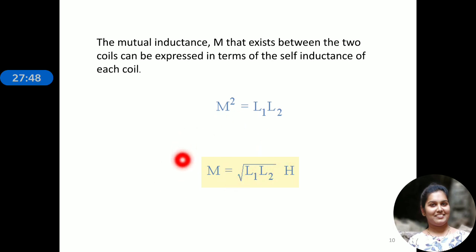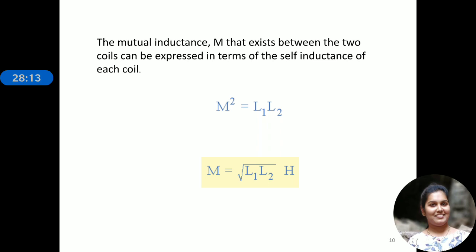So without any losses, with 100% magnetic coupling, we have given this expression as M is equal to root of L1 L2. But in reality, there will always be some loss due to the leakage that occurs between L1 and L2, and also because of the position.